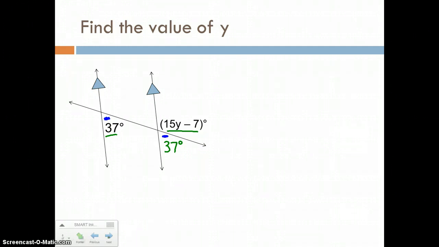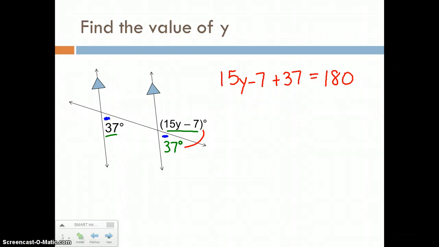Now we can compare those two angles. Those two angles are a linear pair, so they add up to 180. Anytime they add up to 180, we're going to add them. So 15y minus 7 plus 37 equals 180. And we're going to solve from there.